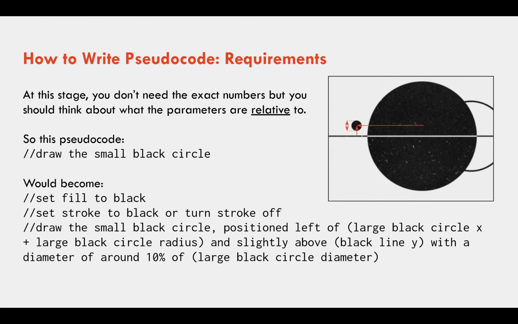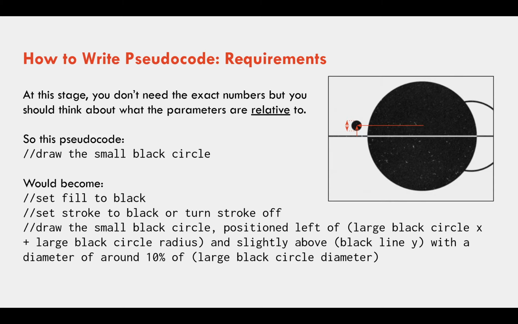So, breaking up this particular line, draw the small black circle, let's think about what kind of things we need. First of all, we need to set the fill to black, and this sets the color. That has to be done. We also need to either set the stroke to black or turn the stroke off. It depends on how we want to write things, but it is worth putting into code that something needs to be done here. We also need to specify the position. I've chosen to specify this relative to the large black circle.